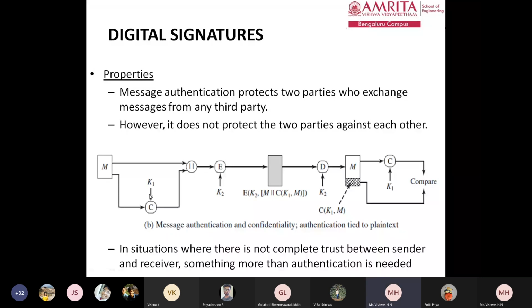So this is a diagram. Message authentication and confidentiality. Authentication tied to plain text. So what happens here? You have a message. You are feeding the message into a compressor. Okay, I think there is some issue with this diagram.